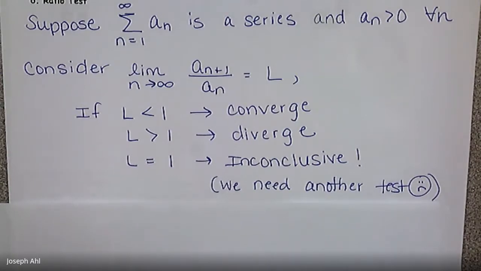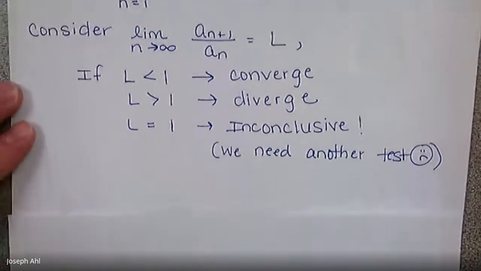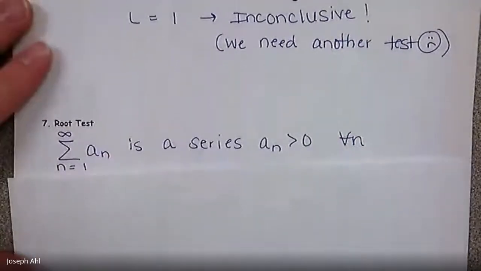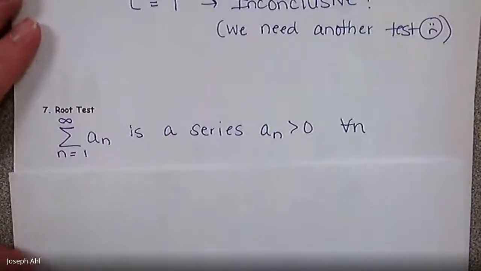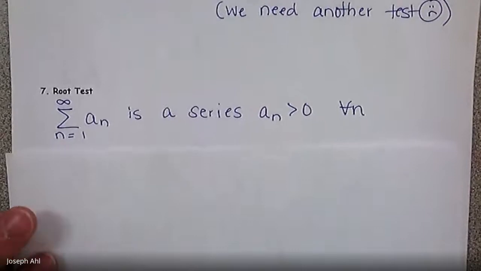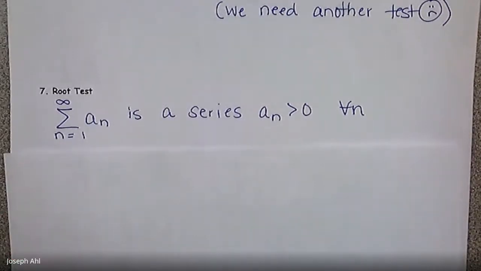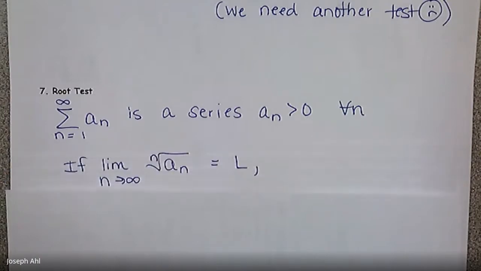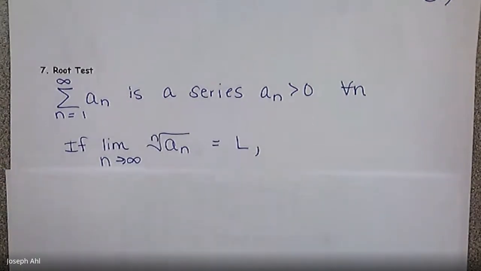All right, we're going to see some similar information as it concerns the root test here. As far as the root test goes, the initial conditions are the same. So we have a series such that a sub n is greater than 0 for all values of n. And this time we're going to take the nth root of the sequence, a sub n.